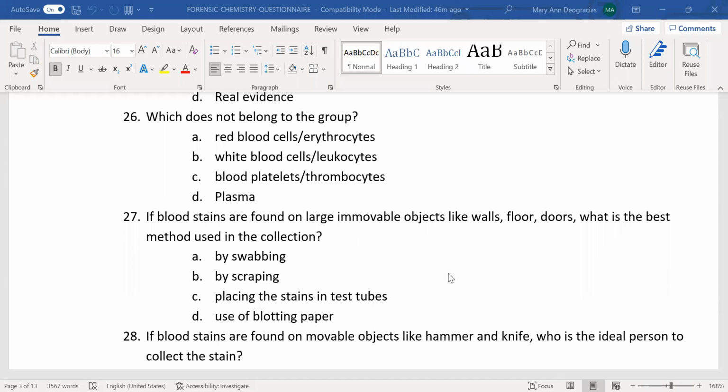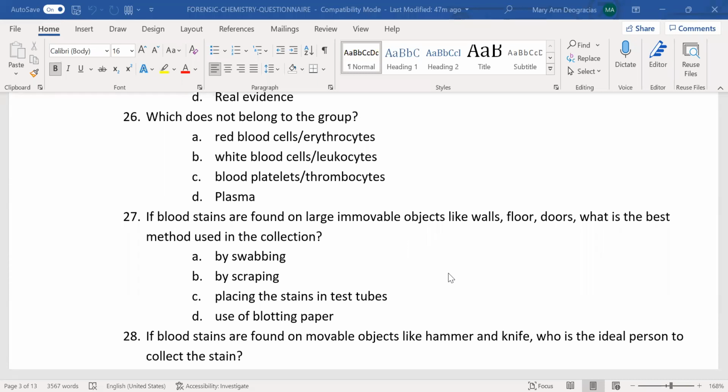Ang swabbing kasi, no? Swabbing is applicable to blood stains which are found on smooth surfaces like tiles, glass. Tapos yung blotting paper naman, sa ano yan? Sa, what do you call this?